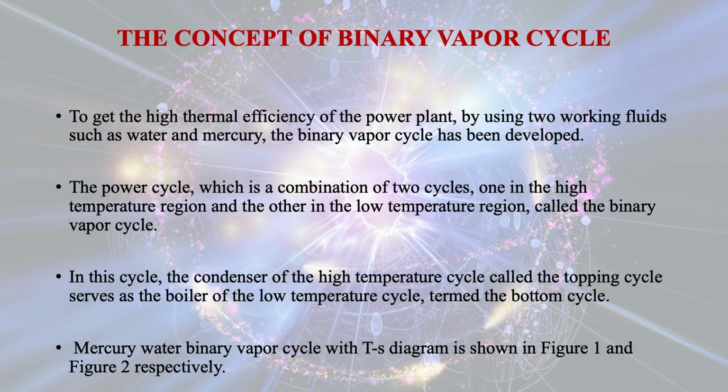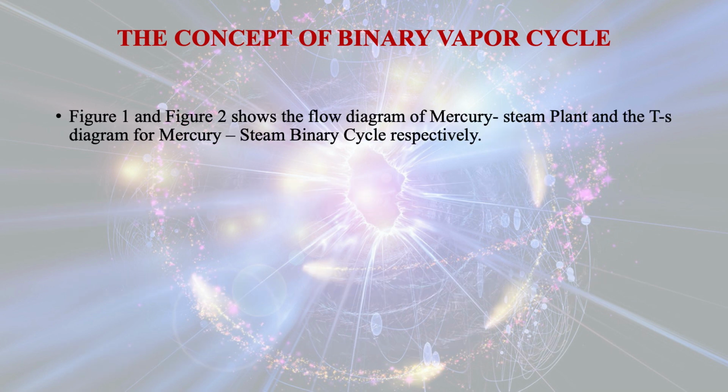Mercury-water binary vapor cycle with TS diagram is shown in figure 1 and figure 2 respectively. Figure 1 and figure 2 show the flow diagram of mercury-steam power plant and the temperature-entropy diagram for mercury-steam binary cycle respectively.